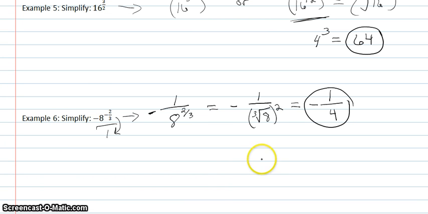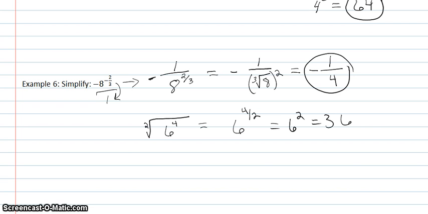Okay, so you want to keep in mind how those fractions work. Just as an extra example, if I had a 2 on the outside and I had 6 to the 4th power, this would be like 6 with 4 over 2. So the powers just divide, so that would be 6 squared to give us 36. And you can do that with any of the powers.